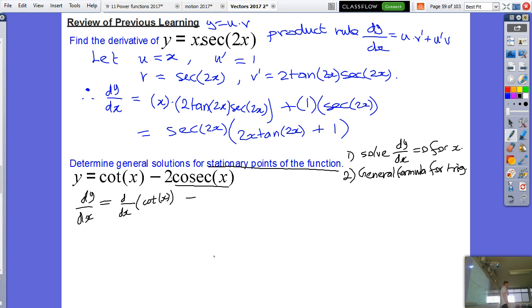So it can just stay as a multiplying factor. You can express it like this. Okay, so the derivative of the whole lot is the derivative of each term excluding those extra factors. Alright, what do we remember about the derivative of cot?